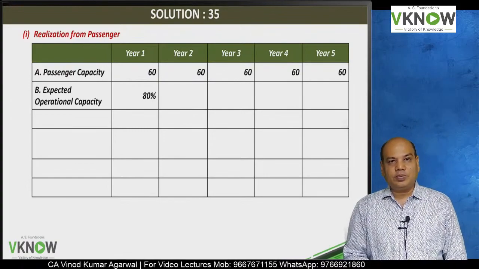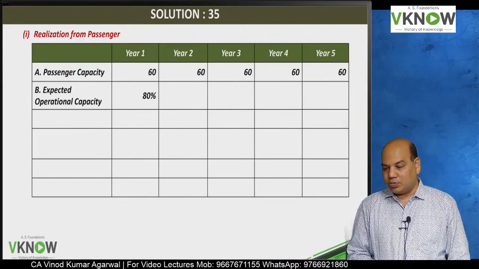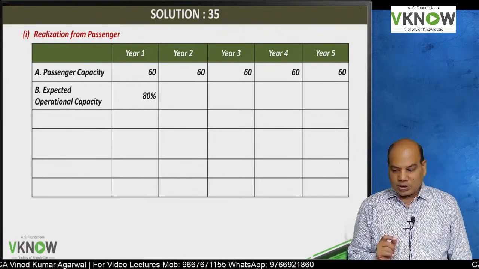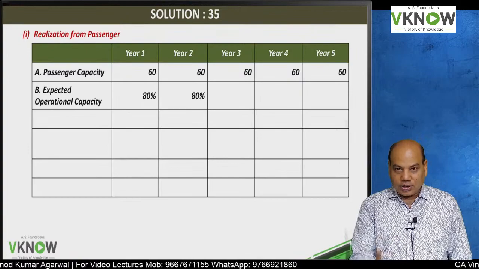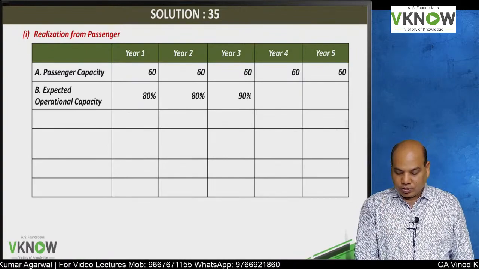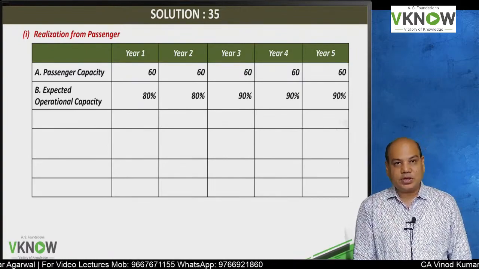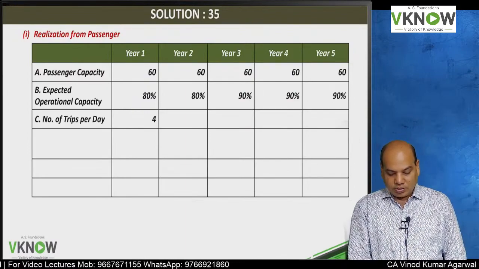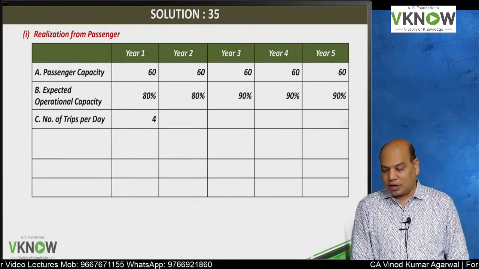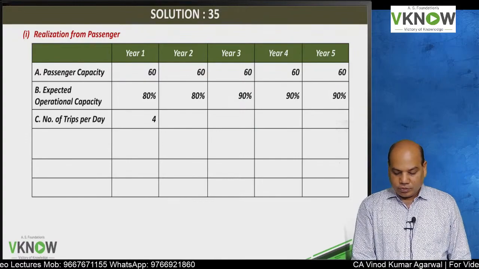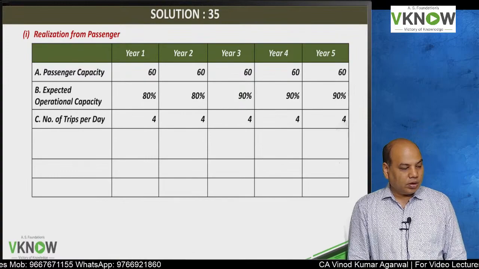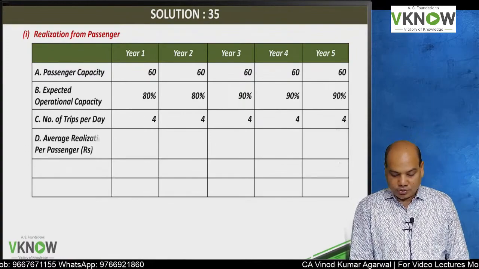Now write down point number B, expected operational capacity. First and second year 80%, then it will be 90% from third year onwards. Point number C, number of trips per day, 4 trips.